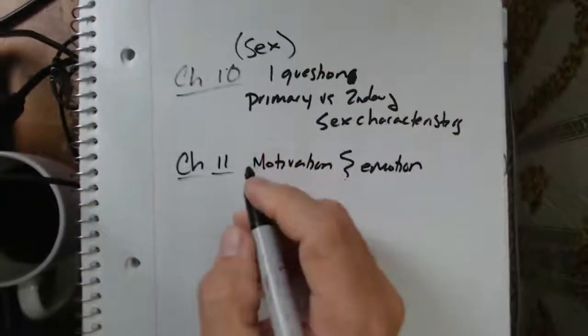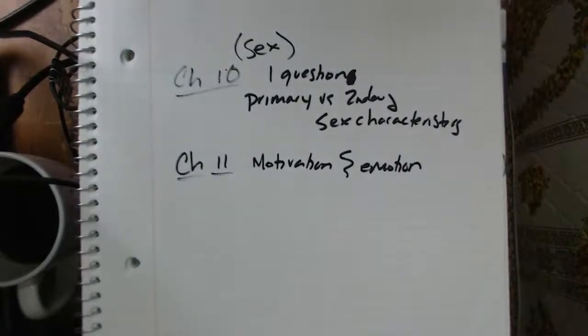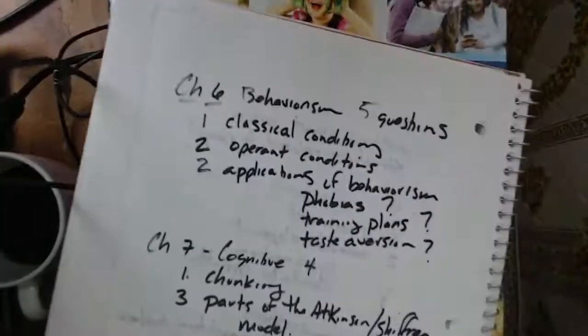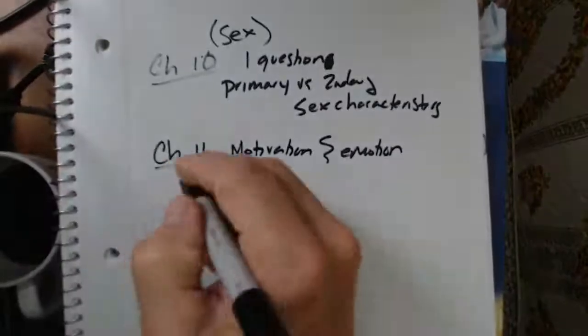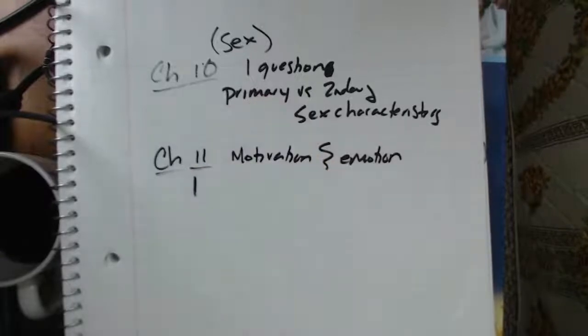Okay, actually, there is 1, 2. No, wait a minute. 1, 2. Okay, so let's see. Okay, so there's also, all right, so let's go back. This chapter 11, one question on the autonomic nervous system. Let's see, 10, 11. 9 is sex.